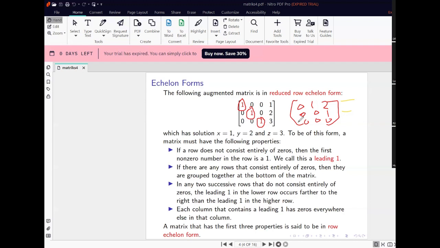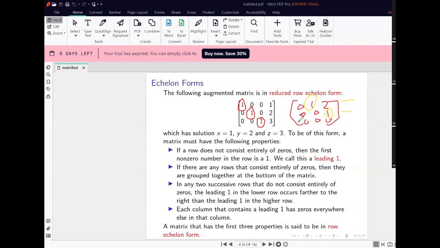You see that this is the leading one. For the lower row, which is the second row, the leading one occurs further to the right. So it's correct.